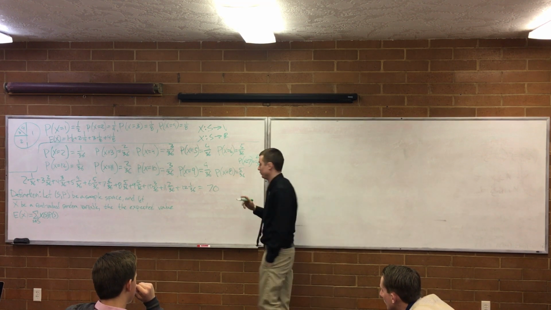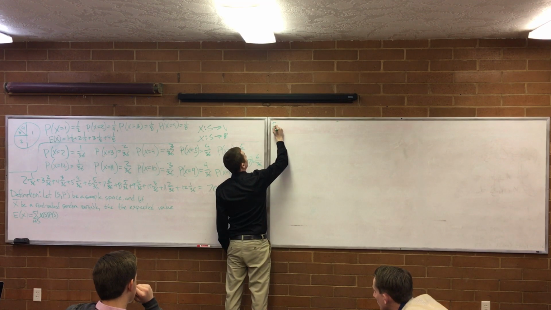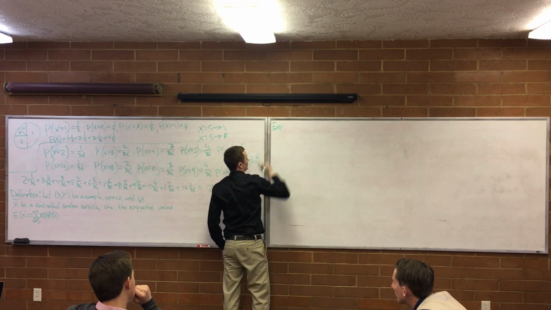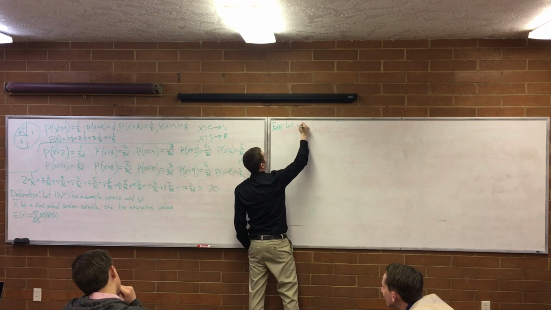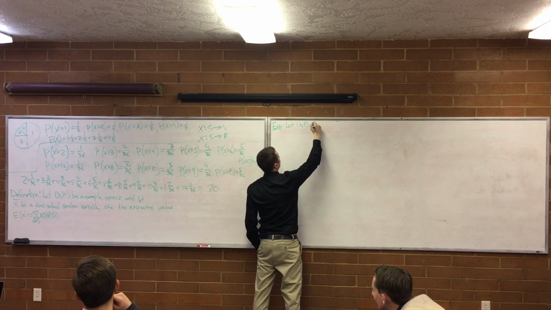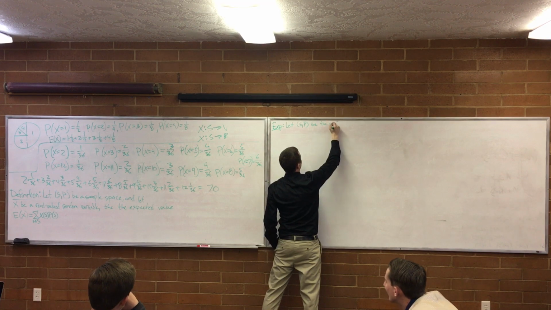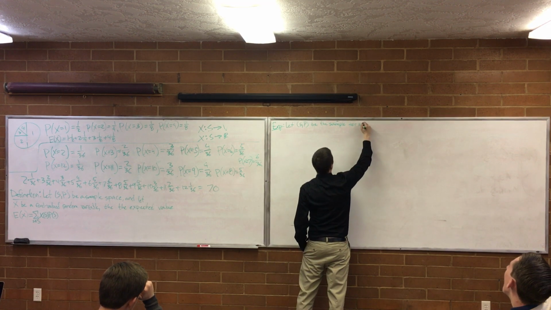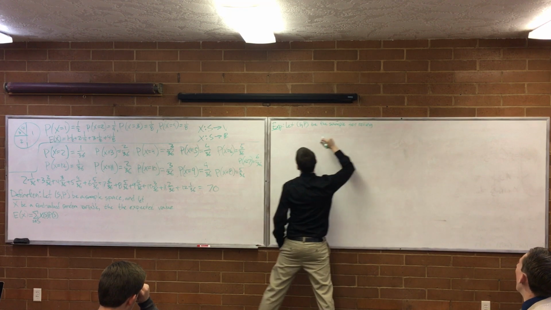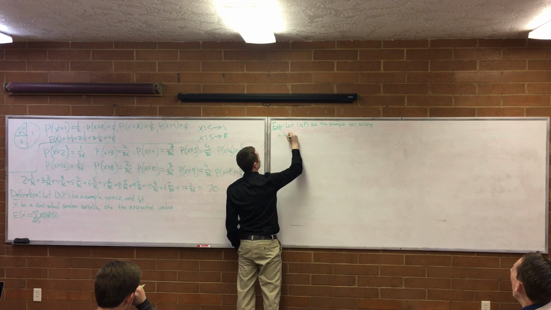All right, let's just do examples and start calculating expected values of things. So let S, P be the sample space for rolling a single die.